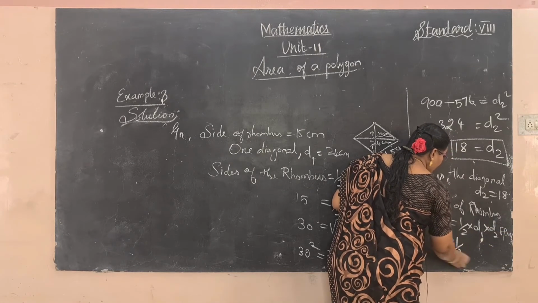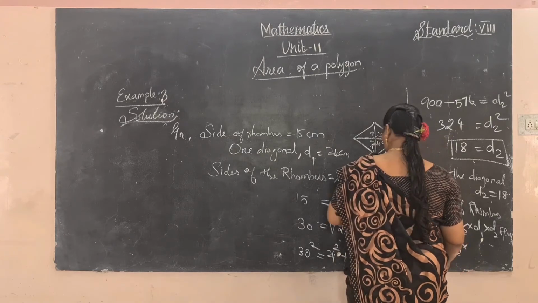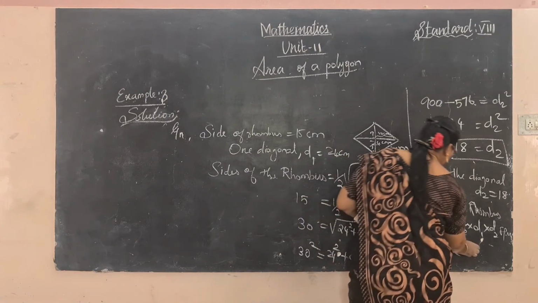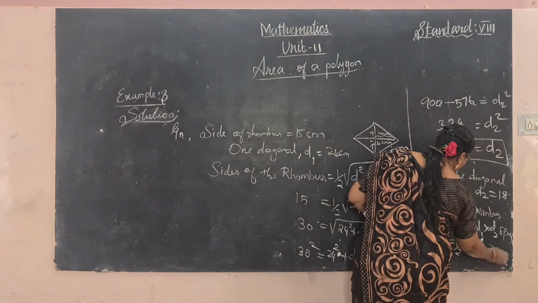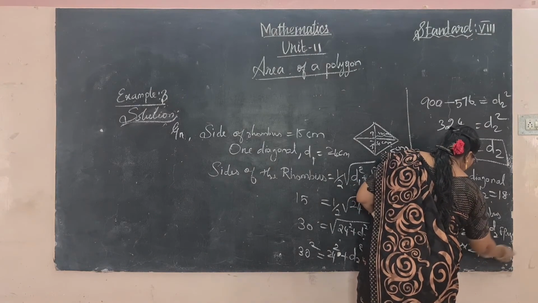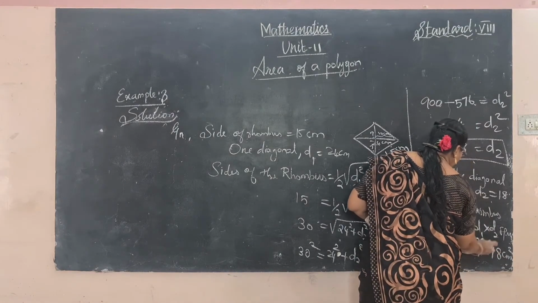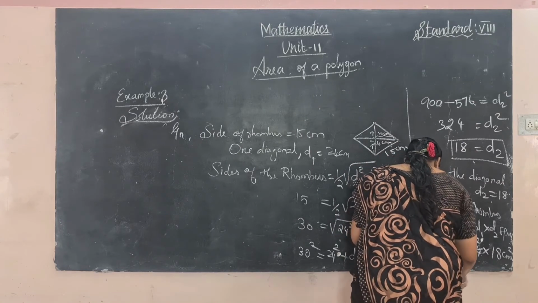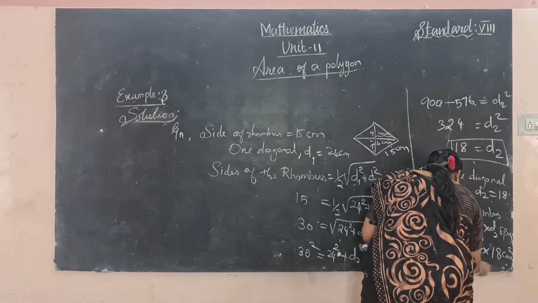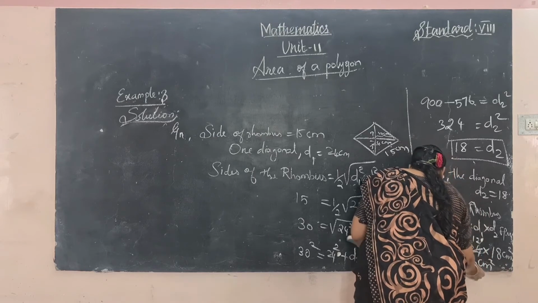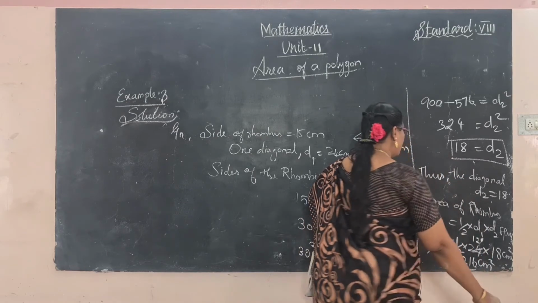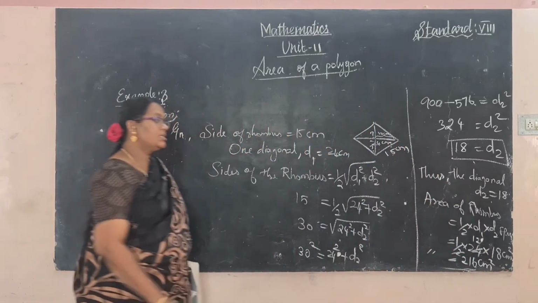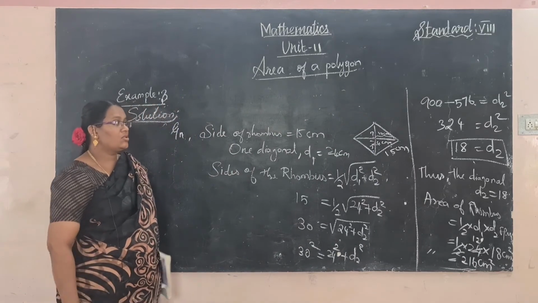Half, d1 value was 24, so 24 into 18 centimeter square. Cancel 12 twos, so 12 into 18 is 216 centimeters square. So the area of the rhombus is 216 centimeter square.